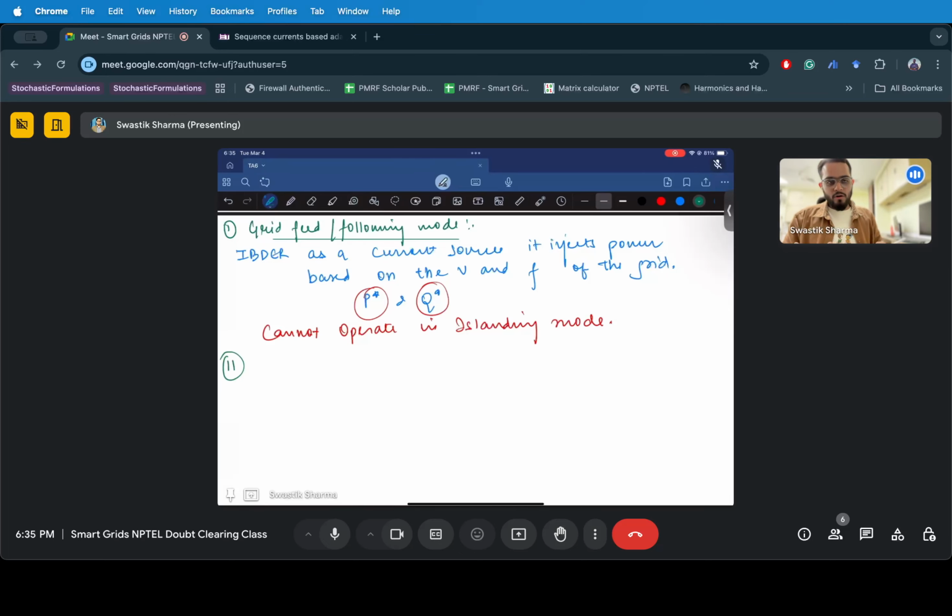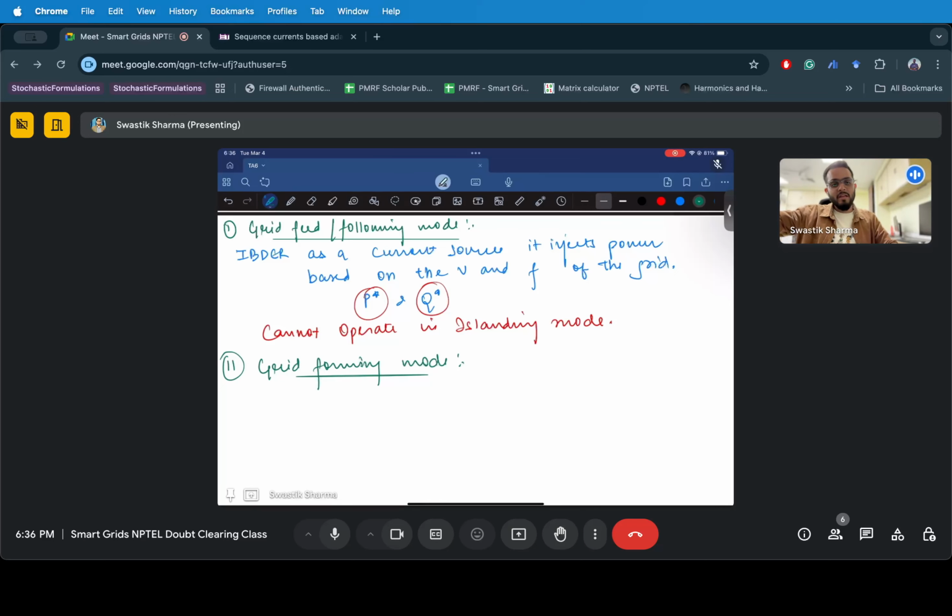The other mode is grid forming mode of operation. In grid forming mode, they essentially behave like a grid. As the name suggests, they are forming a grid. Let's say the utility grid is out of the picture, you want to have some voltage reference for your other loads and converters, right?